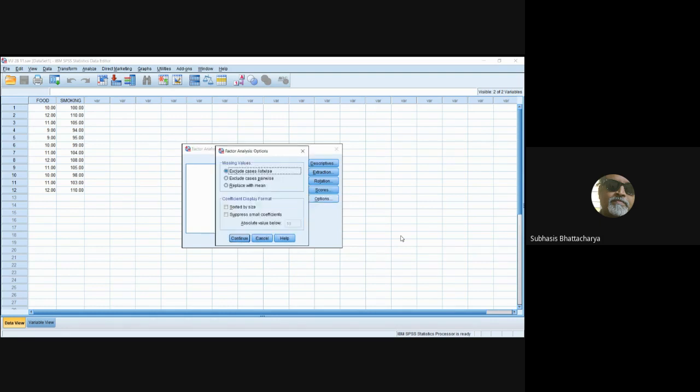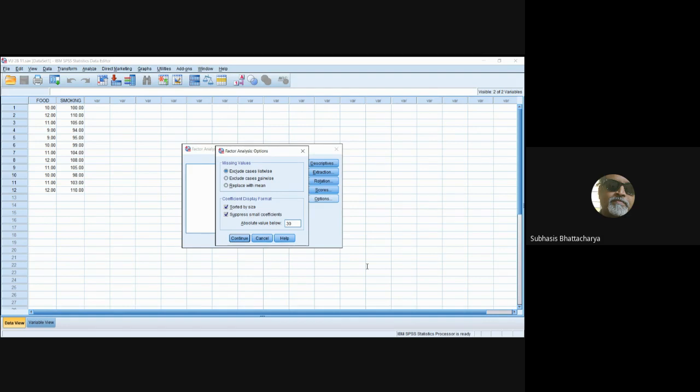When I consider the options, exclude missing values, exclude cases listwise. This is already given. For the coefficient display, sorted by size, and suppress small coefficients. It is given as 0.1 by default, but suppose we are considering 0.30.